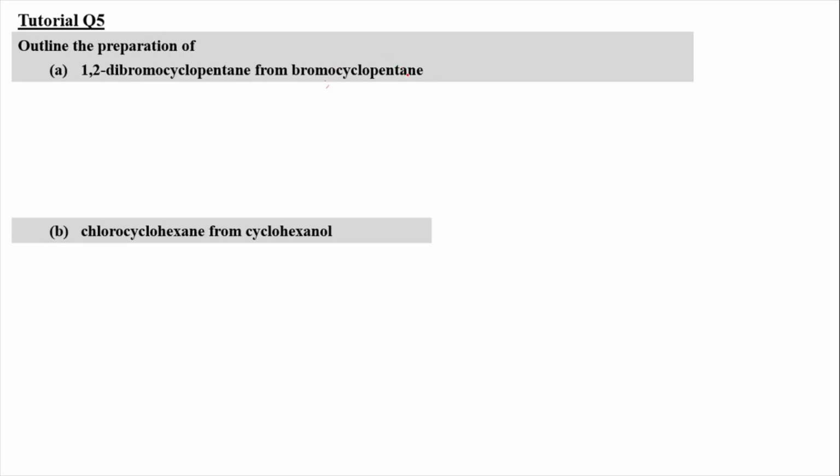So cyclopentane will have 5 carbons, 1, 2, 3, 4, 5, and then the bromine is going to be attached here. You can choose whichever carbon you want because it only has one substituent.